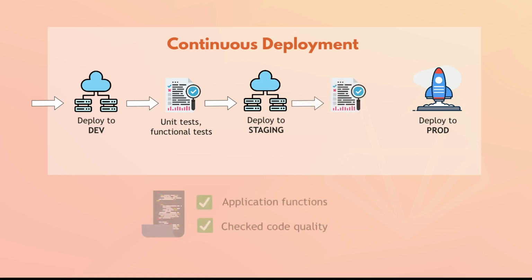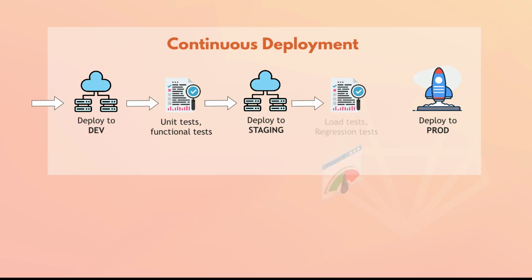Now we know the application functions and code is written properly because we ran those automated tests, but what about the application performance? Maybe the changes made the application slower, or it made it use more resources like CPU and RAM. So now we have heavy loads on the servers. We don't want the application to crash under this load. So we may want to do some performance tests on this pre-production environment.